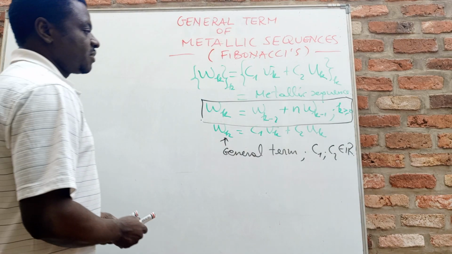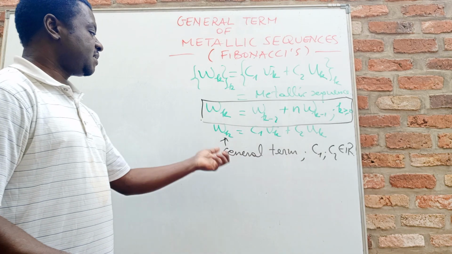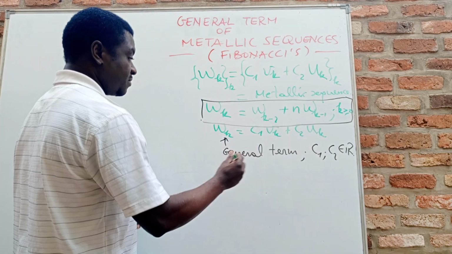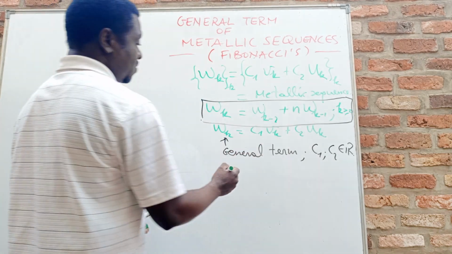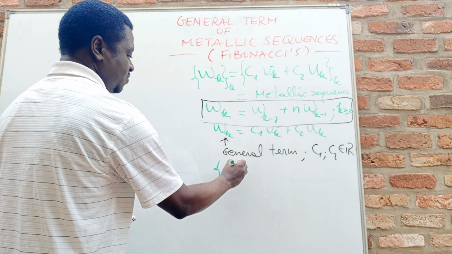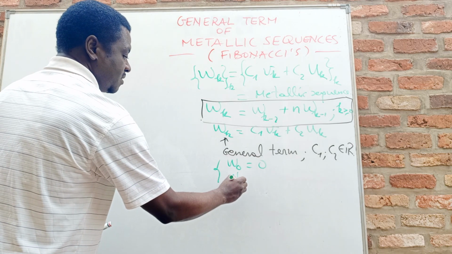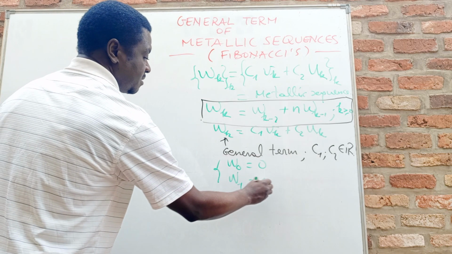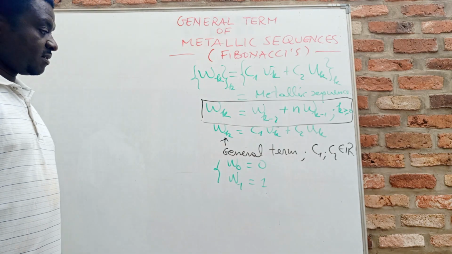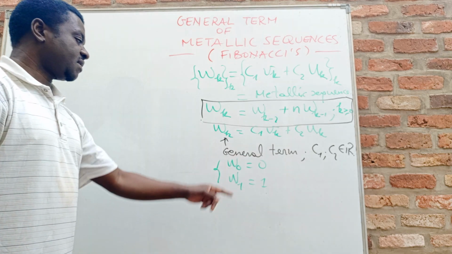From this general term form, we can determine the coefficients C1 and C2 subject to some initial conditions. We can take initial conditions as U0 equal to 0 and U1 equal to 1, as is the case for the usual Fibonacci sequence, the simplest case. So it starts with 0 and 1.